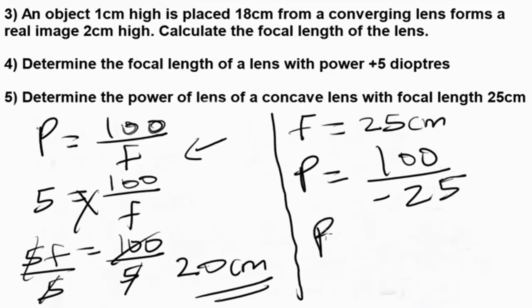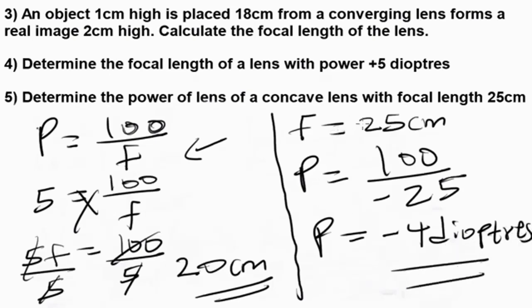When you simplify this, 100 divided by minus 25 gives us minus 4 diopters. So this will be the power of this lens.